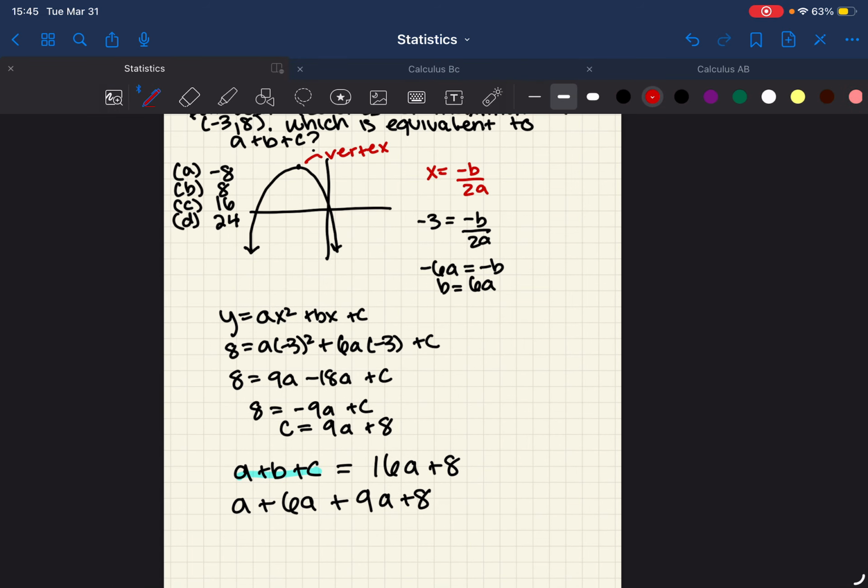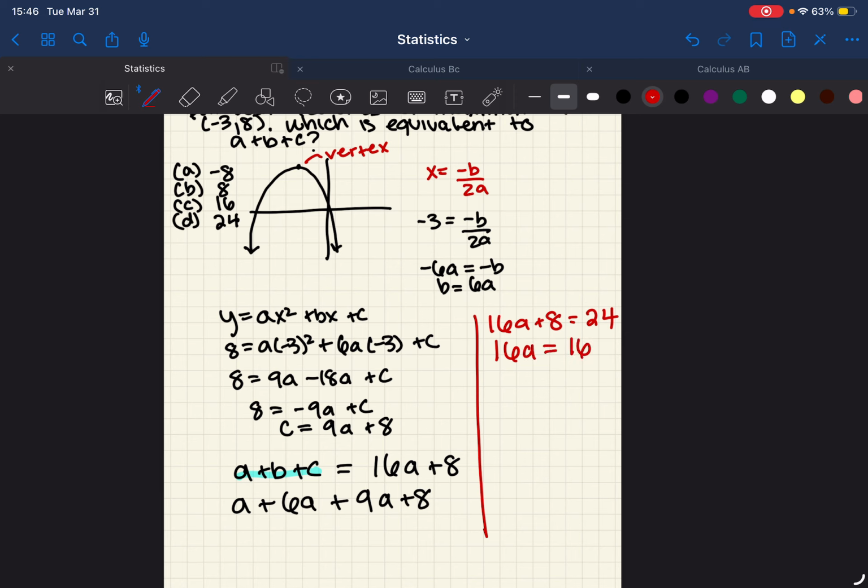Off to the side here, I'm taking 16a plus 8 and setting it equal to D, 24. Remember, my end goal is to see which one of these will give a negative value for a. So I subtract 8 and get 16a equals 16.